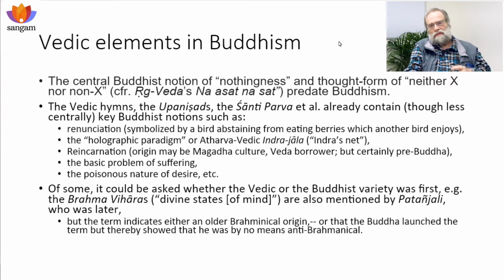And sometimes you don't know which was first. Like, for example, in Patanjali you find the Brahma Viharas, the divine states of mind. And so they are fellow joy, fellow suffering, or what is more commonly known as compassion, friendliness, solidarity, and also indifference.